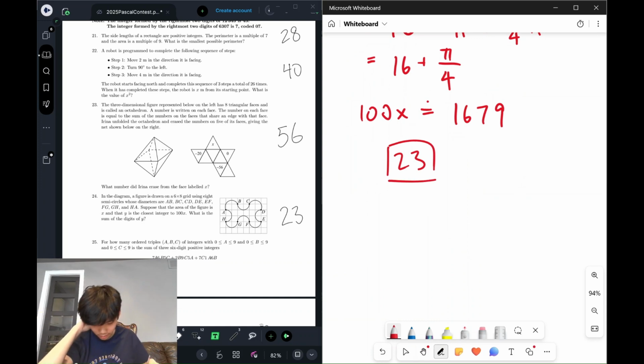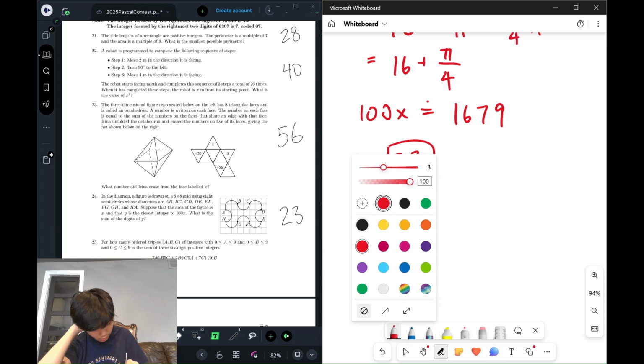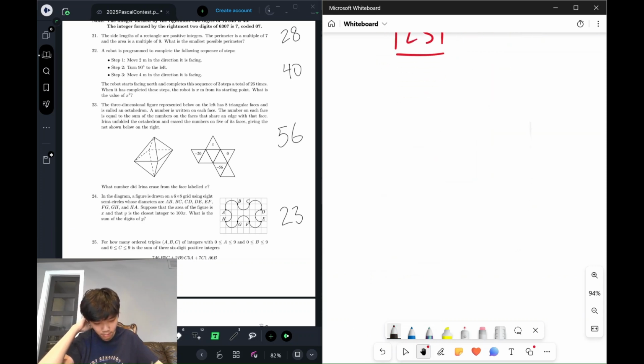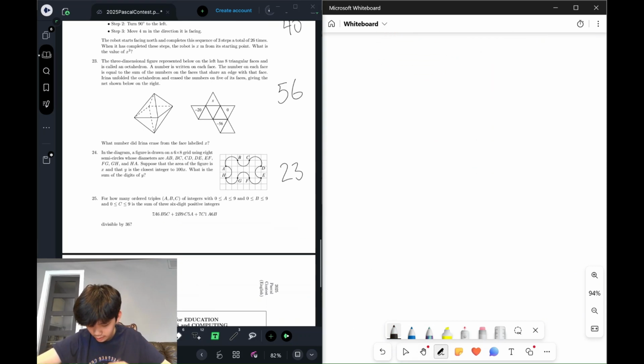All right, now we have one more question. Problem 25. All right, let's take a look. For how many ordered triples of integers, okay, so we have digits A, B, and C, and we want the sum of these three numbers to be divisible by 36.